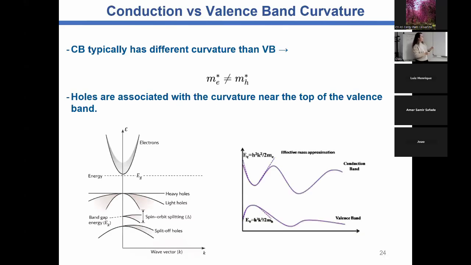What I want to say is, as I told, the effective mass of the electron is different from the hole. And if we have holes close to the surface of the highest occupied state, we have heavy holes and light holes.